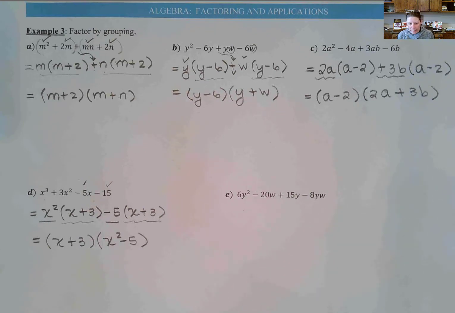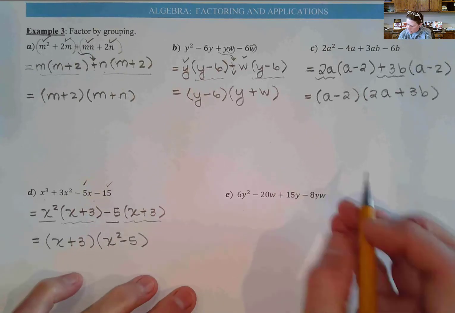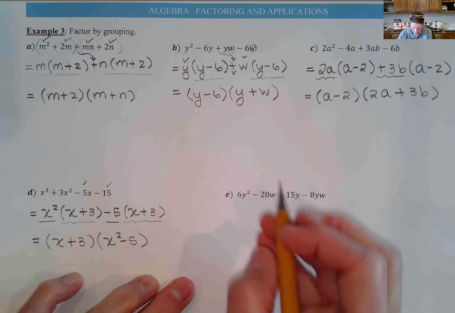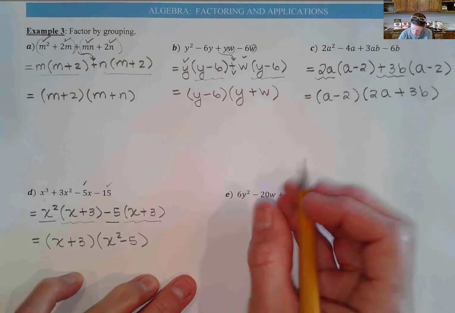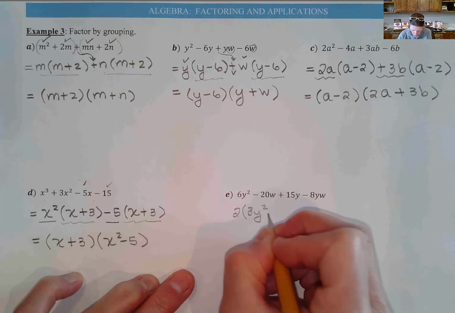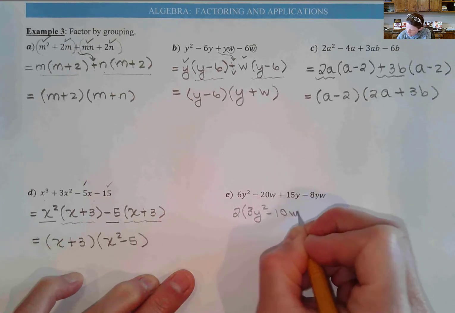Last problem, part E. As we jump into this and begin to factor by grouping, let's say we look at our first two terms and there's a common factor of 2 times 3y squared minus 10w.